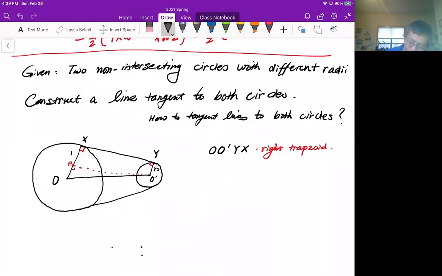Basically, this is R2 and this is R1 minus R2 here. And the important thing is that I want to get the P, right?